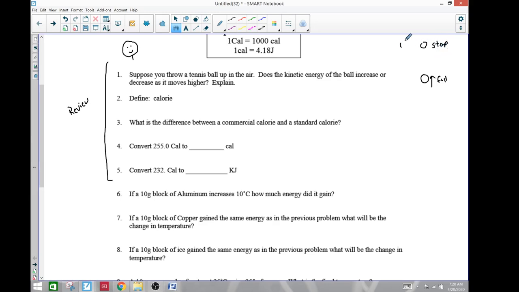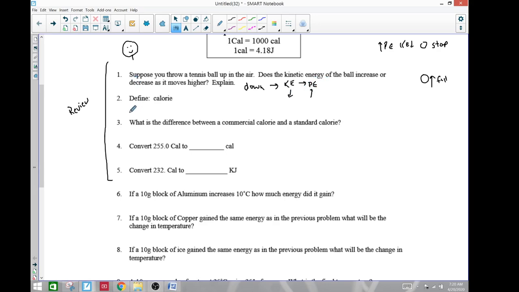So that means the kinetic energy is going down, but the potential energy is going up. So the answer is it goes down, and kinetic energy is converted into potential energy. This goes down, this goes up.